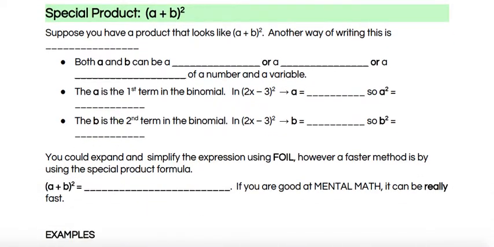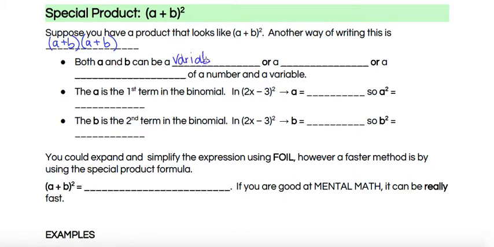So suppose you have a product that looks like (a plus b) squared. Another way of writing this could be (a plus b) times (a plus b). So in order for this to work, both a and b can either be a variable.